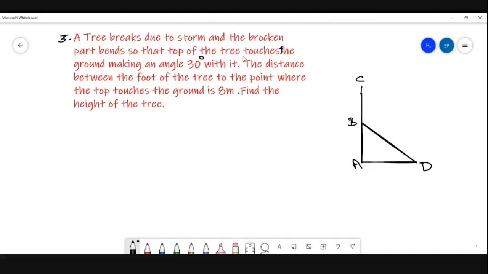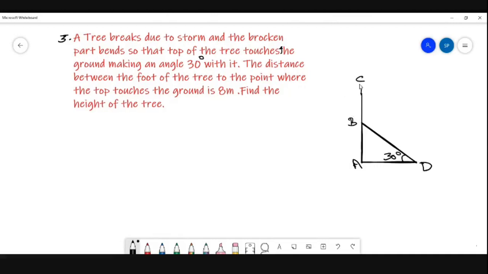That is, this BC comes to touch the point D. That is, this angle is formed as 30 degree with the ground. Now you can see BC is the broken part, and BC and BD are same.